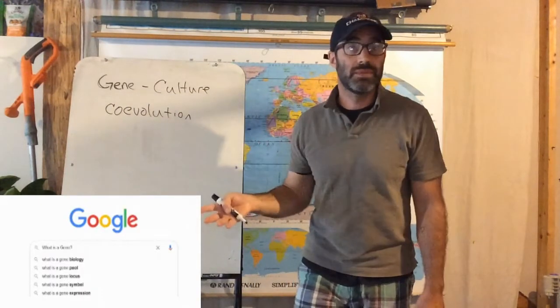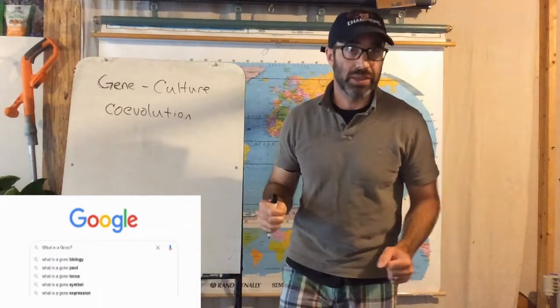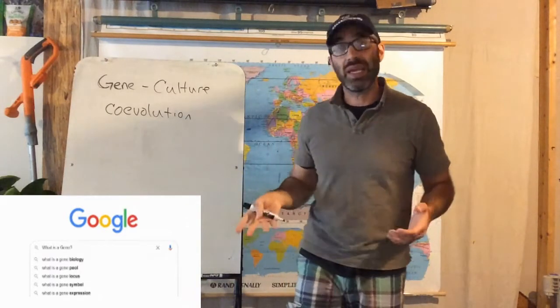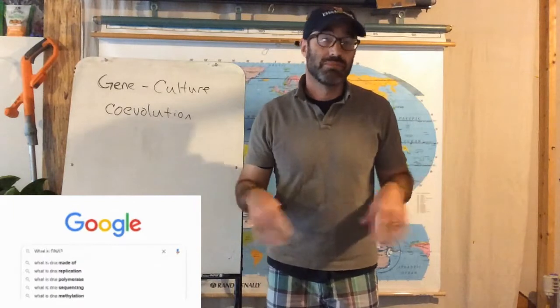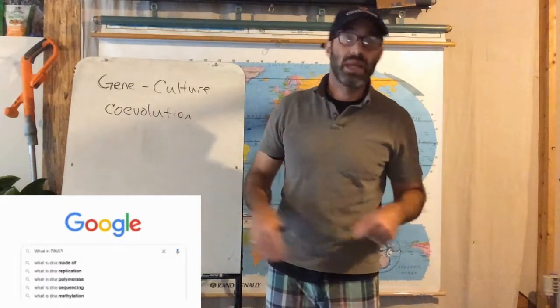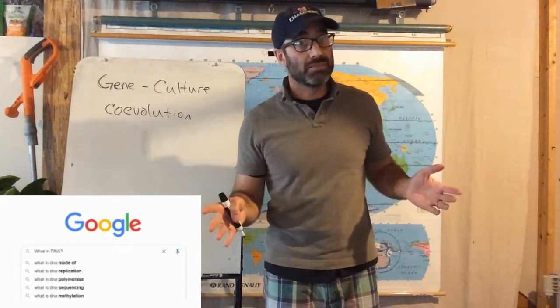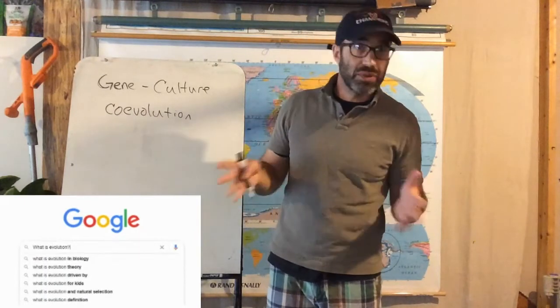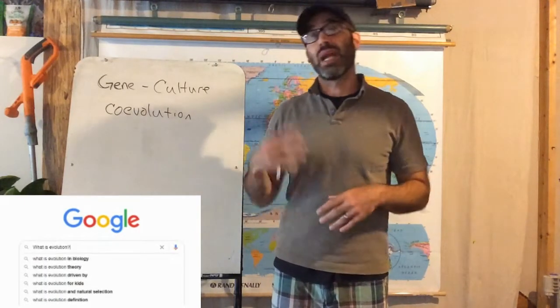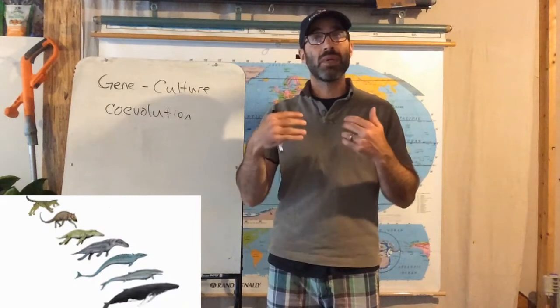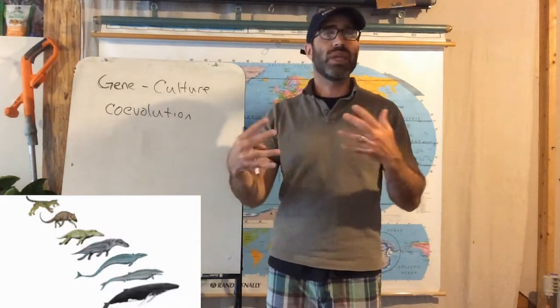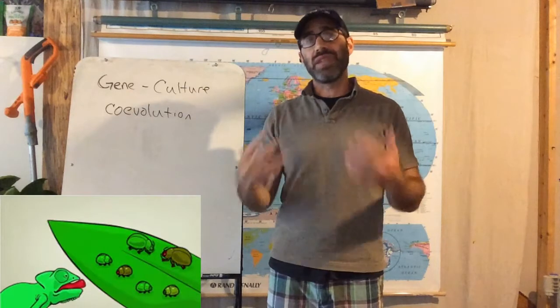What is a gene? You probably know what a gene is. If you don't know what DNA is, Google it. What is DNA? If you don't know what evolution is, Google it. Evolution is change over time. Now we're talking here about Darwinian evolution, in that it's natural selection.